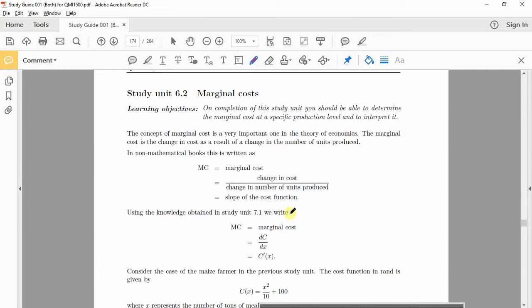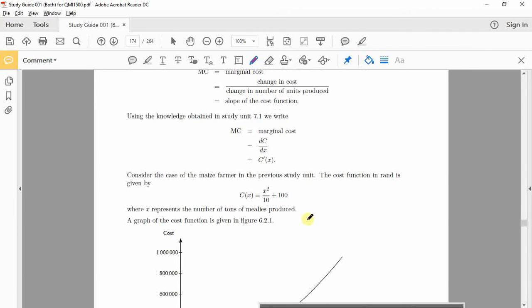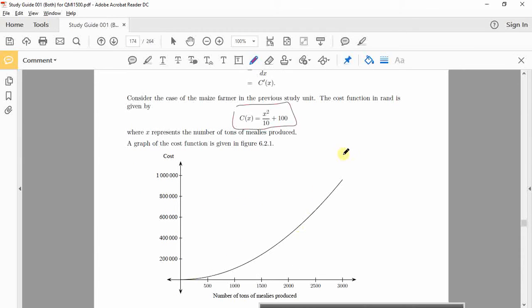Same thing applies with marginal cost. If this is the cost function, and we're looking for the derivative, it's going to be c dash x. So c dash x would be the derivative of this. For x squared over 10, if I multiply the 2 into the 1 over 10, I get 1 over 5.